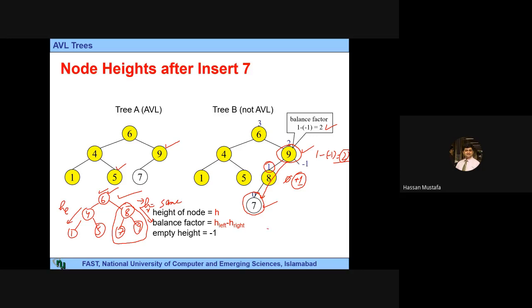If hl minus hr, taking absolute values, was less than or equal to 1, and I made the adjustment and made sure that this hr does not change, then this relationship stays intact.